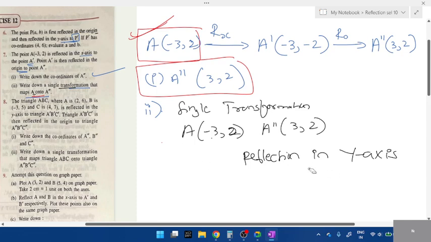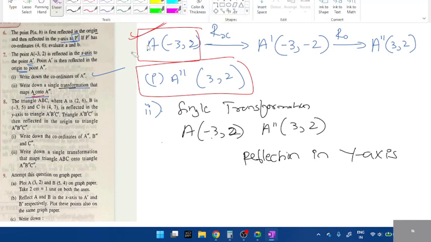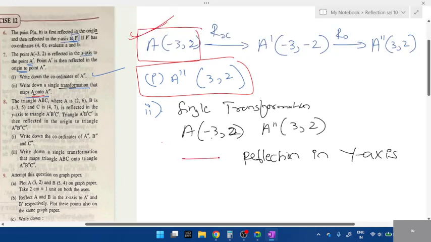Reflection in Y axis or reflection through Y axis. It's the same. And the meaning here of maps is plotting. Okay, a kind of reflection. The other meaning for map is reflection.